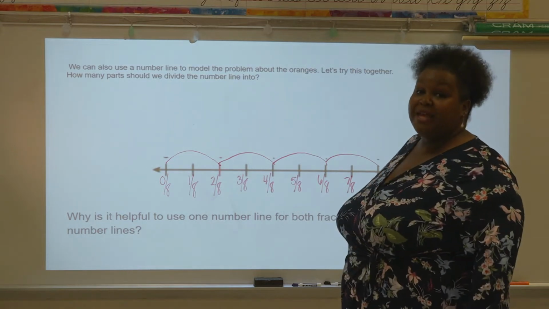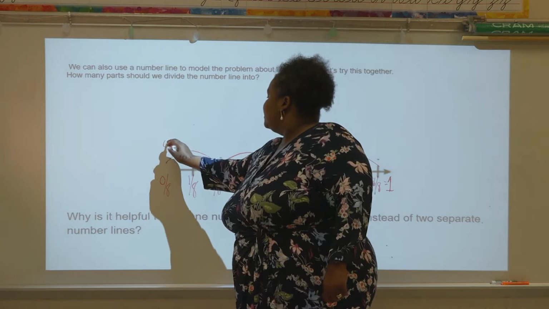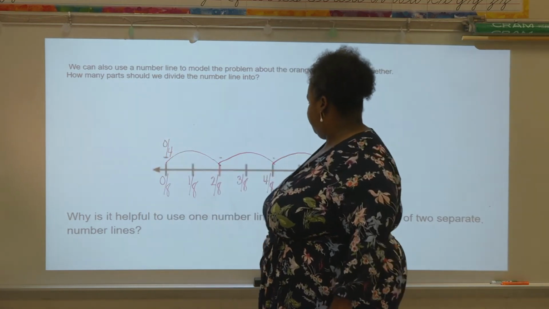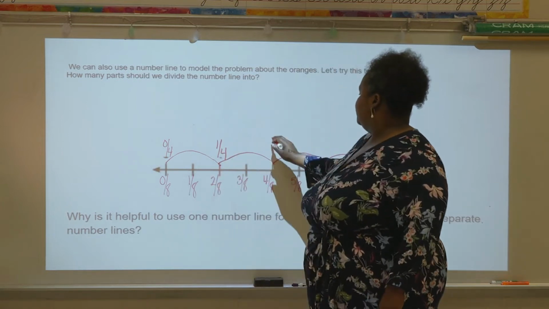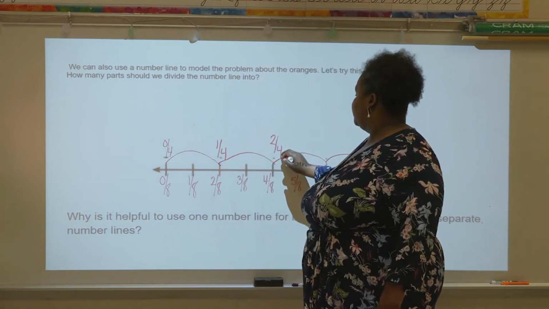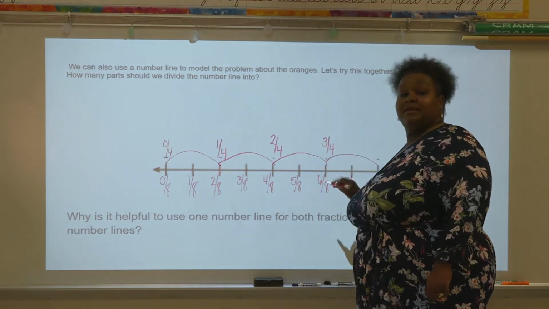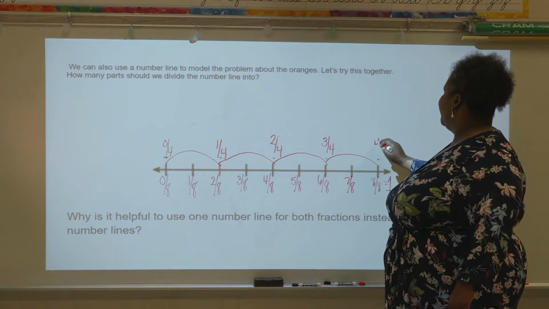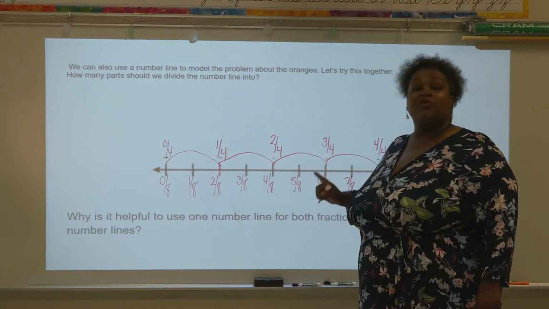And let's label them 4s. 0/4, 1/4, 2/4, 3/4, and 4/4. 4/4 is the same as 1 whole.